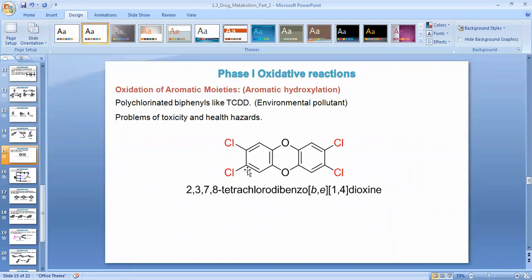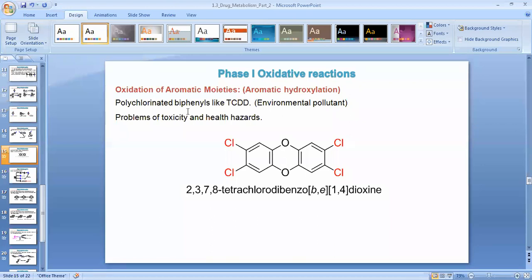Now, if the arene rings are substituted with more such groups, in this case the body generally resists or slows down the metabolism procedure, and that's why this compound comes under the category of environmental pollutants, because it is not metabolized at all, or it slows down the metabolism procedure.